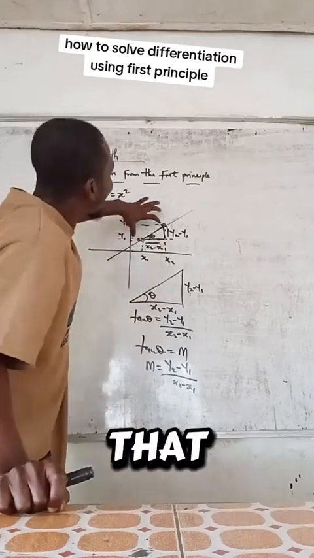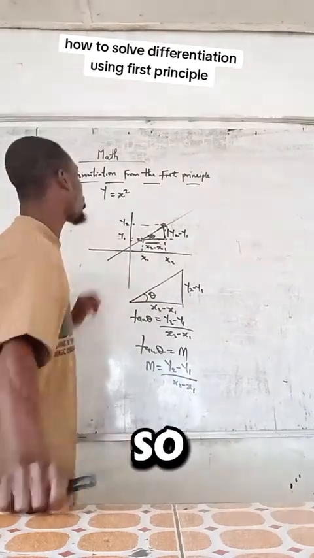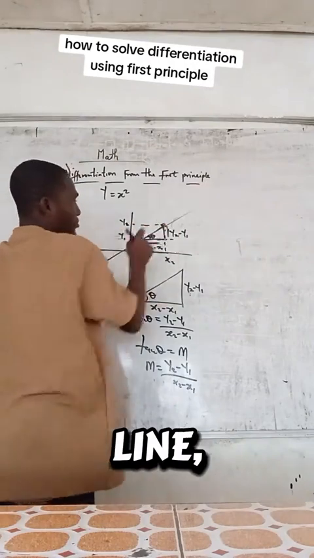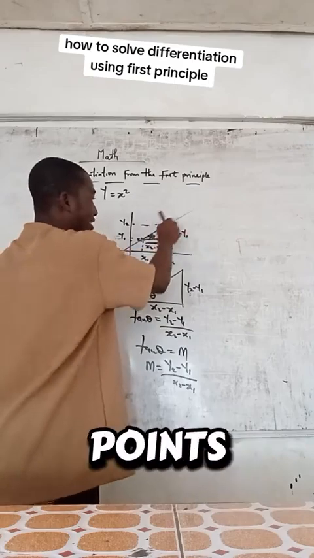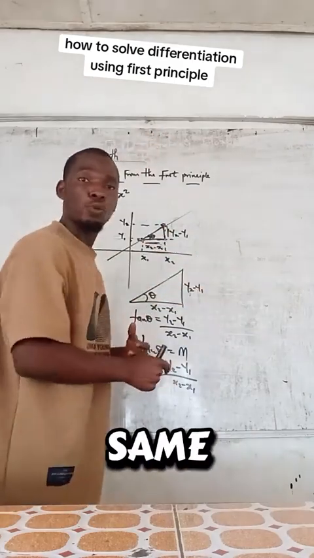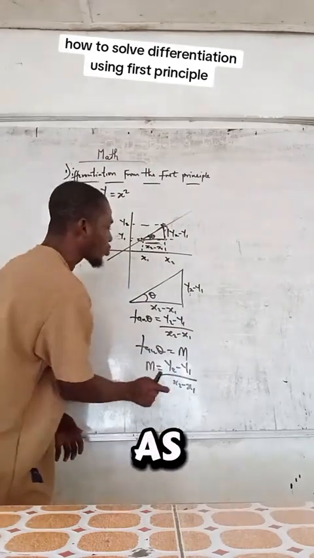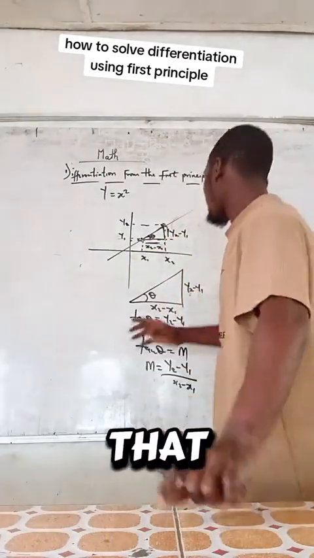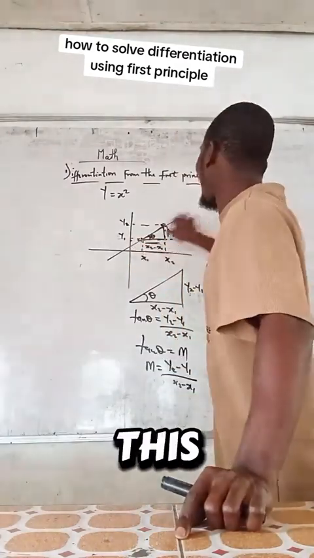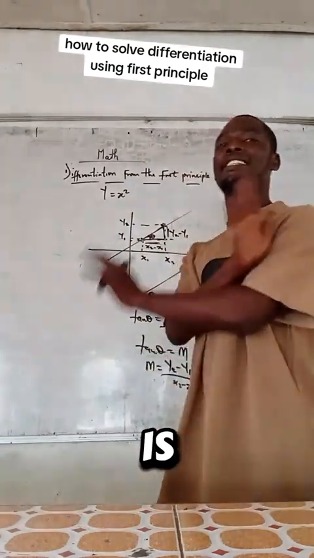Now you can see that I can find the slope of this line. On this line, if I decided to choose another 2 points, I will still have the same answer as with these 2 points. Therefore, what I'm trying to tell you is that at any point on this line, the slope is equal.